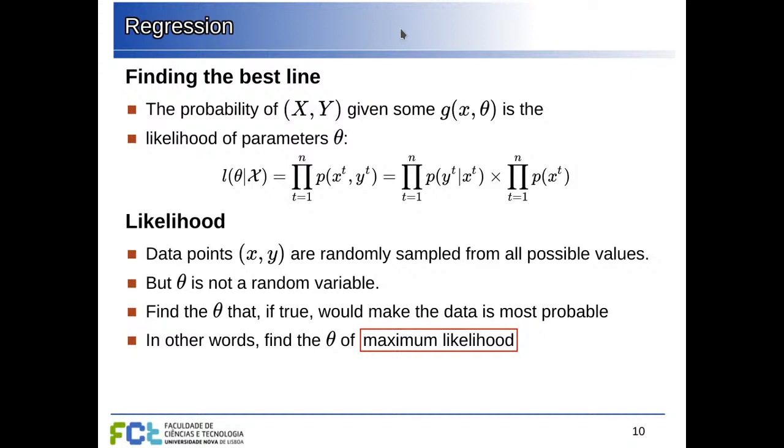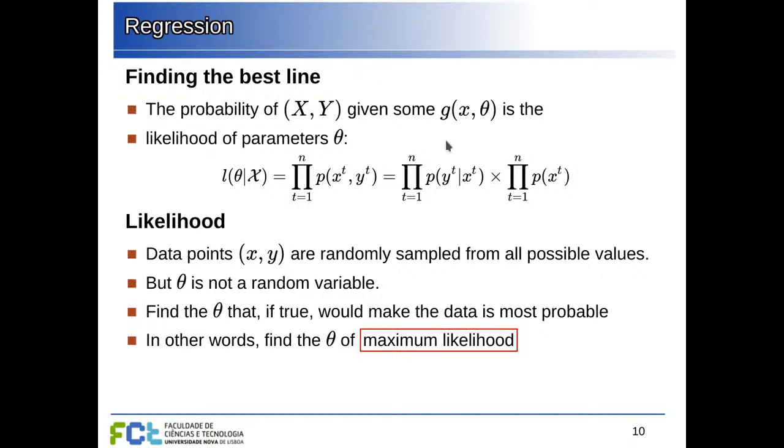We cannot talk about the probabilities of the parameters themselves, but we can think about the probability of the points. And this is the idea of the maximum likelihood solution, or finding the maximum likelihood solution for this problem. The likelihood of our parameters, or more generally, the likelihood of the hypothesis we're going to choose here when we instantiate the parameters, is the probability of the data coming out like that.